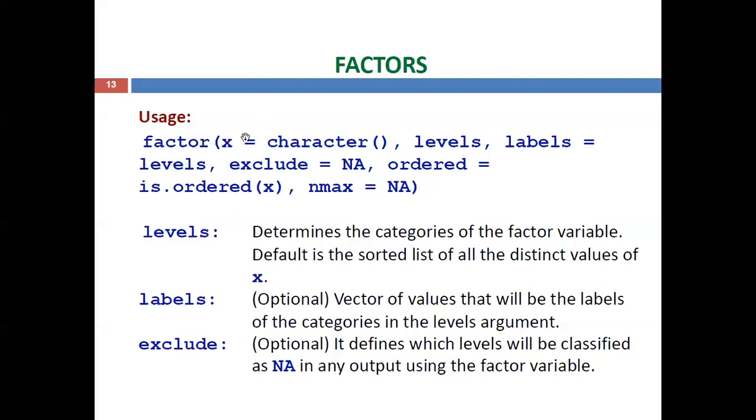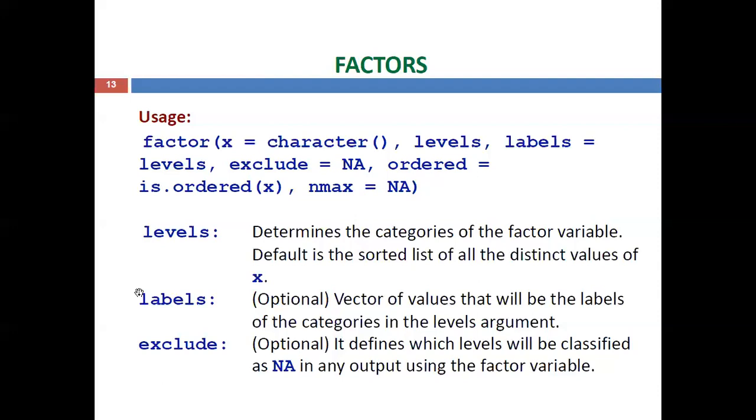So x we have already seen, x is a vector of strings or integers. Then the next one is levels. Levels determines the categories of the factor variable. The default is the sorted list of all the distinct values of x. So in the x vector, whatever the values, all are distinct values, and they can be sorted in order by using levels.